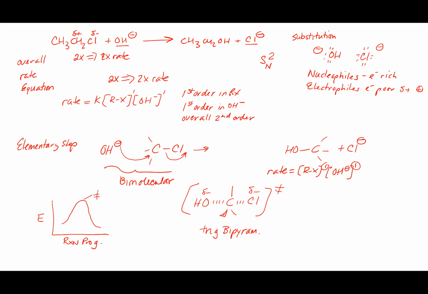Shouldn't carbon only have 4 bonds, so why does it have 5? Well, that's a good question. Before you say, hey, you're violating the octet rule, which I am not, there's only 4 total bonds here. The dotted lines are partial bonds, and so they basically add up to one bond.